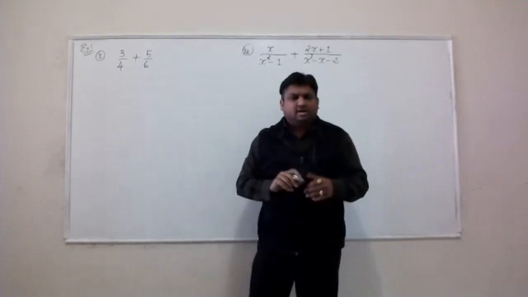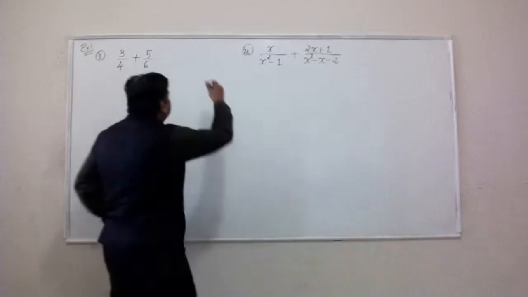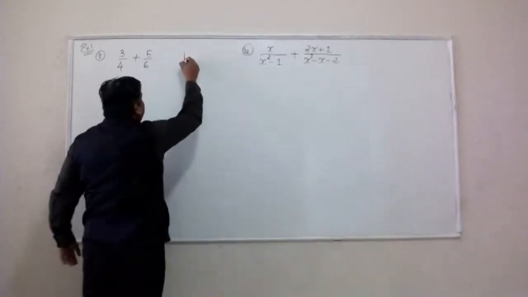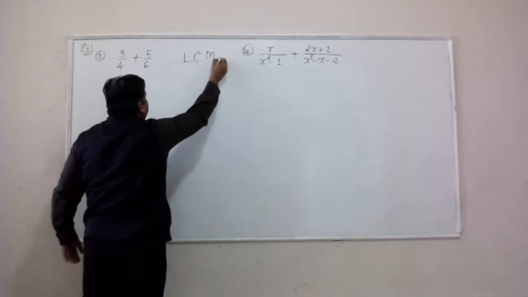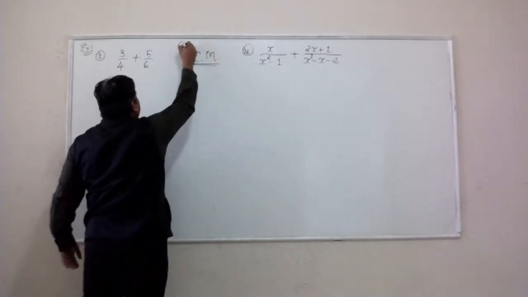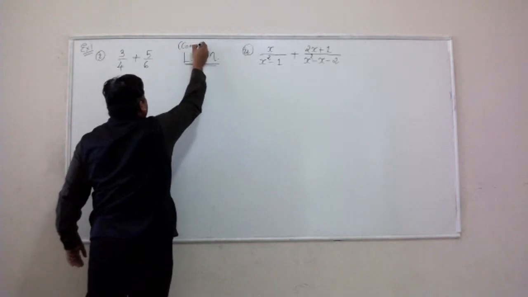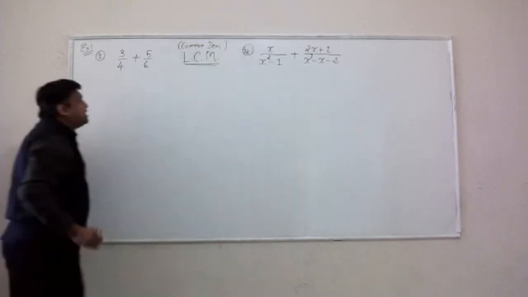All right. Let's try to recall how we calculate the least common multiple. In short, I am going to write LCM to represent least common multiple. This is going to be our common denominator. All right.